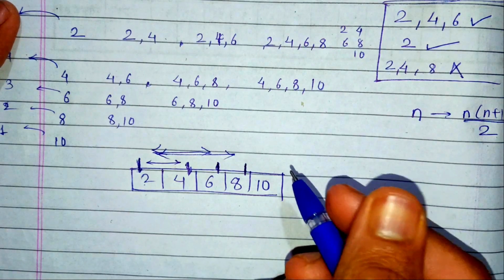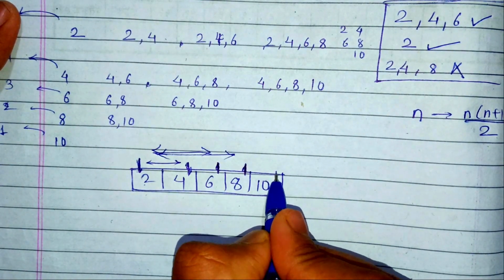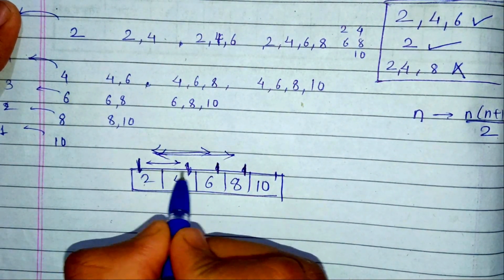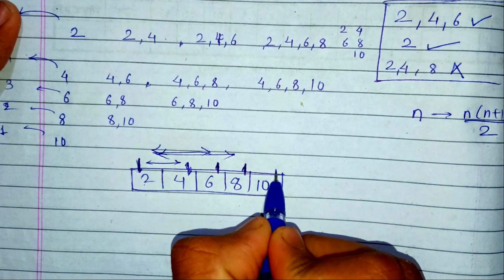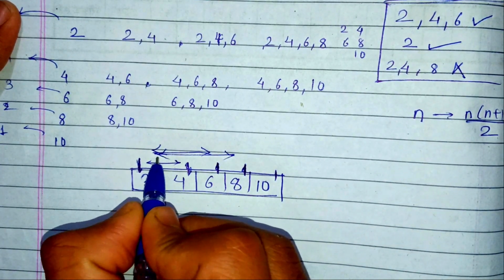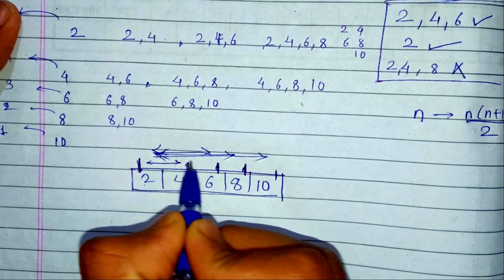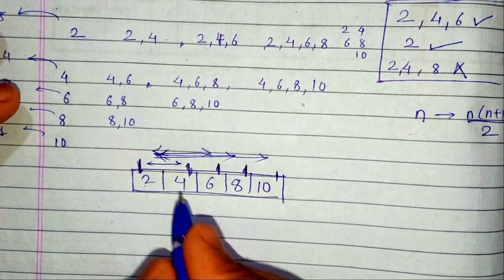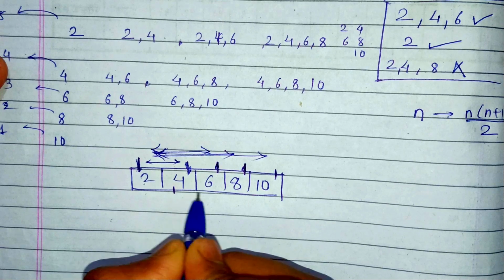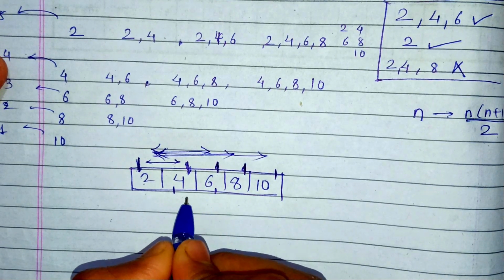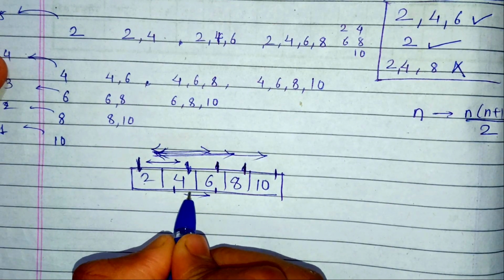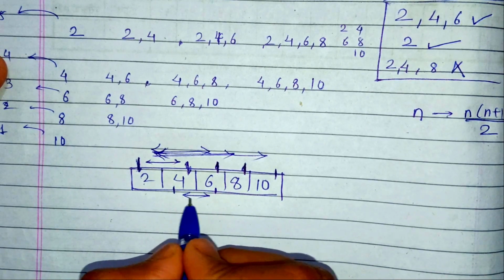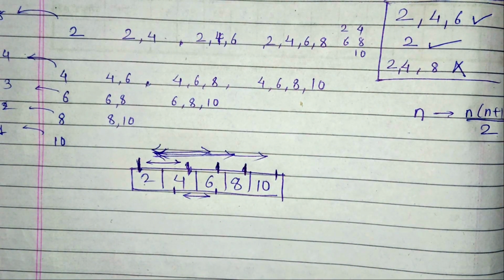Similarly, we pick the first and the last element, and print all the elements between them. Next, we have to pick 4 and then 6, and print all the possible elements between them. Similarly we have to do.